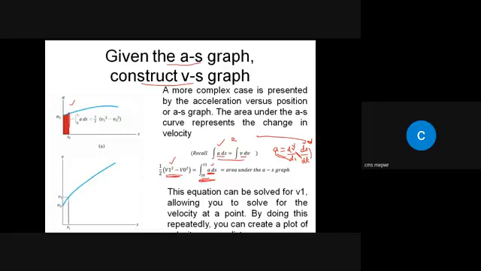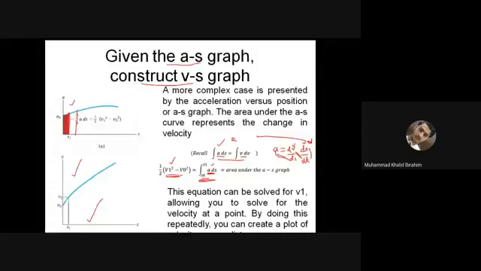Then at a second instant, if we find the area under the curve, we can find the velocity at the second instant. So simply, if we have an AS diagram, we can integrate it and find the velocity versus displacement curve from it. Is it clear now?